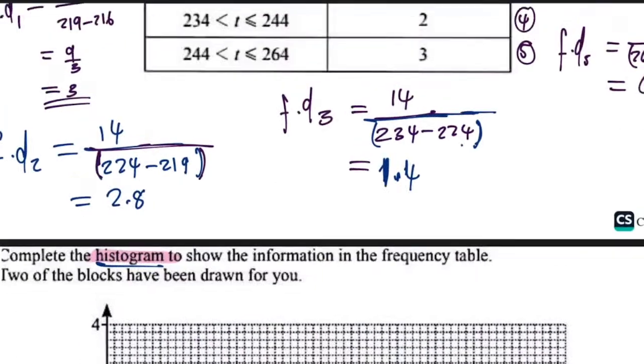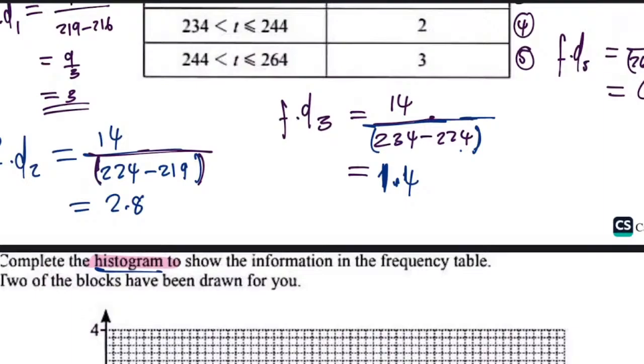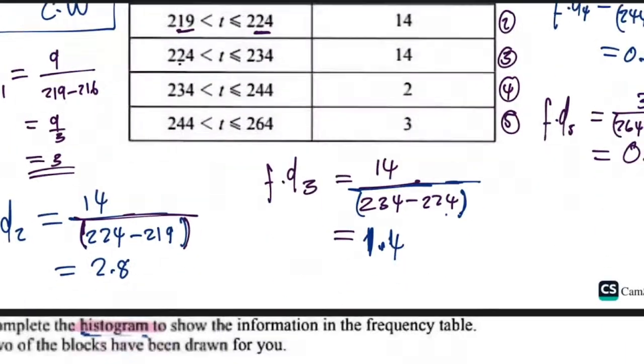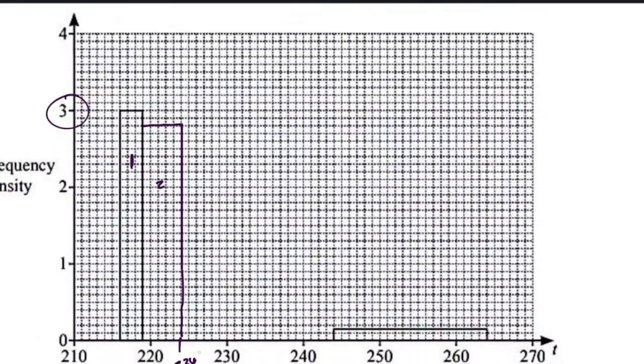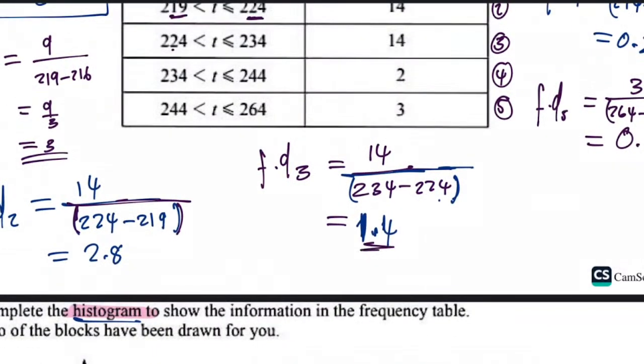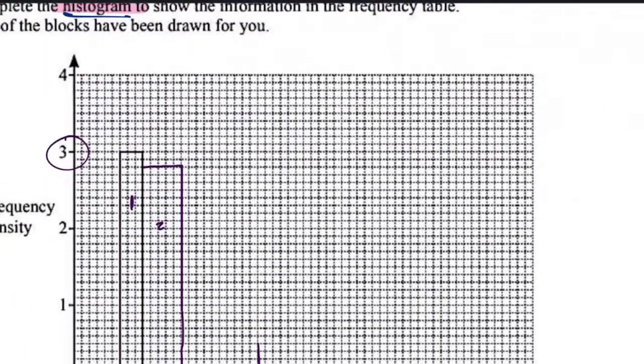The third one is 1.4, and the 1.4 is for 224 to 234. So 224 all the way to 234. So 231, 232, 233, 234. This is 234, and the 234 is going to be 1.4. So we go to 1.4.